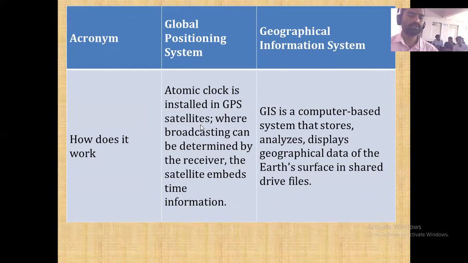The time of broadcasting can be determined by the receiver, since the satellite embeds time information.